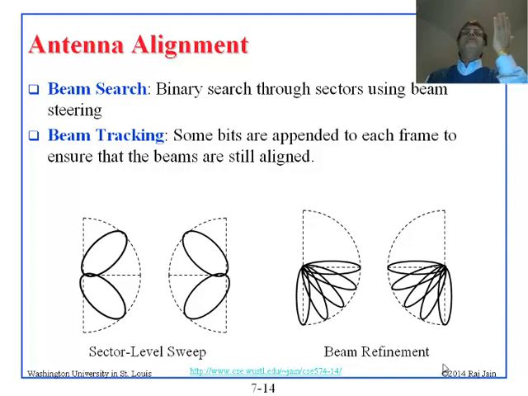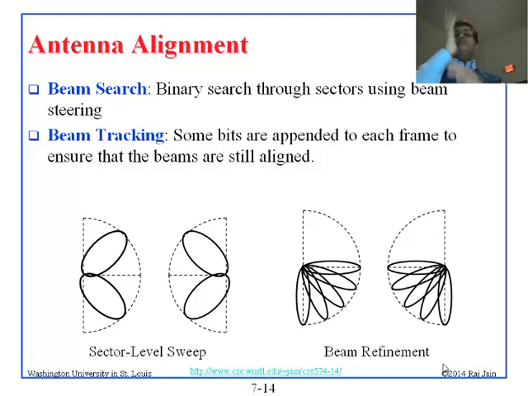Is that clear now how all this works? So you find out. And by the way, there is beam tracking as well. Beam tracking means that you found out that okay, 7.5 is the best, and then you start transmitting in 7.5. In every frame, you will have something that will allow you to verify that yeah, you are reading it correctly.